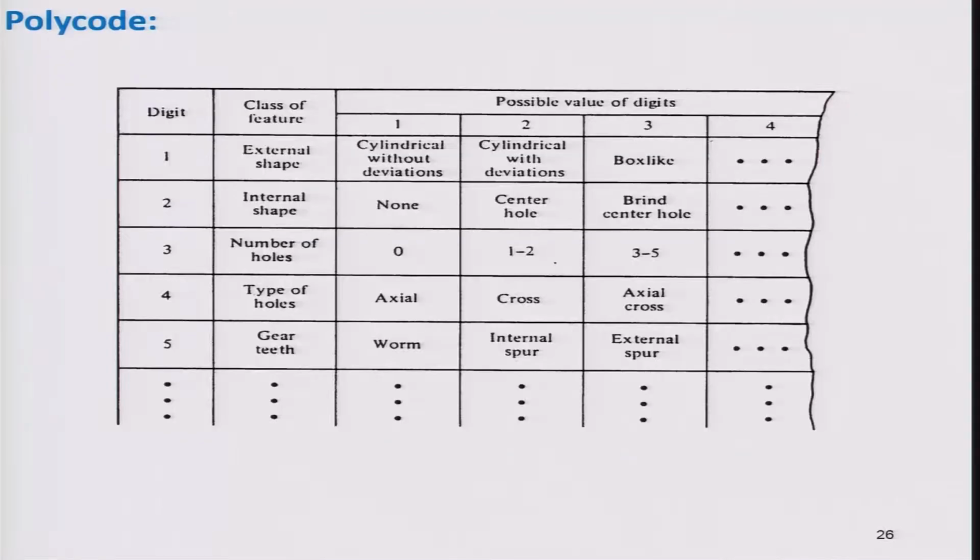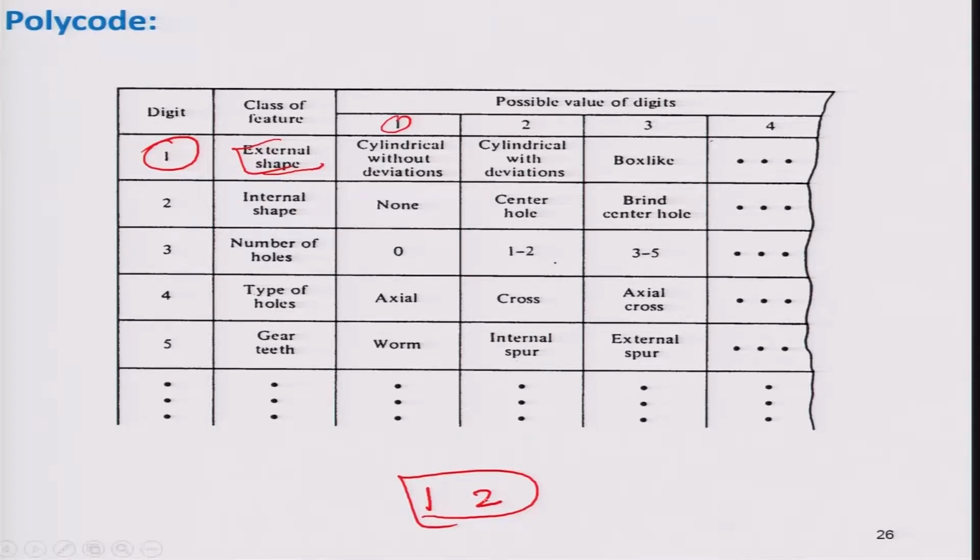Now one other example, you can see that there is a class of feature, external shape, signified by 1. Again, there are 4 digits available, 1 2 3 4, and suppose you are choosing external shape. If you want to make it cylindrical with deviation, you just take 1 2, so the code will be 1 2.